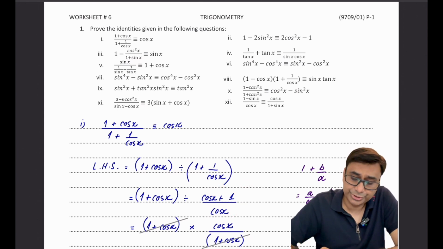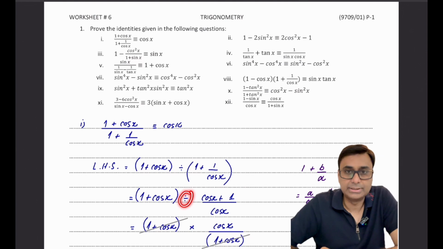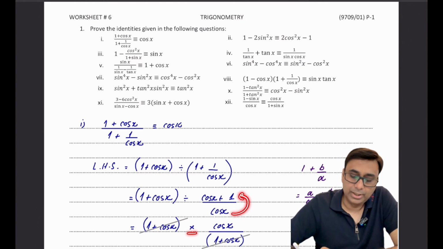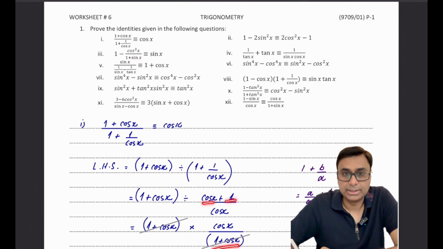The advantage of writing down this division sign is that whenever you get an opportunity, you can convert this into a multiplication sign by flipping this particular fraction. So if I write it as multiplication, then cos x goes up and cos x plus 1 comes down. Obviously it wouldn't make a difference if I write cos x plus 1 or 1 plus cos x, it is the same thing.